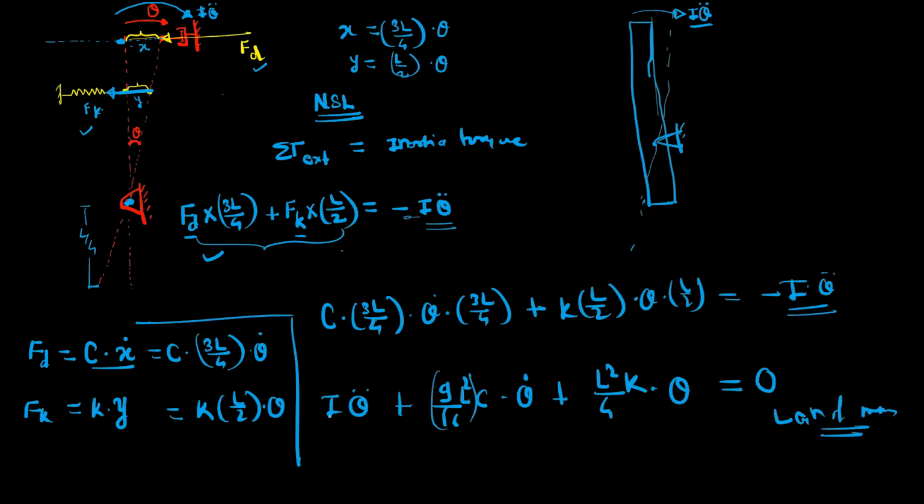Now here, the I value is the mass moment of inertia about the point of rotation. So we should find the moment of inertia about this point. If you consider this rod, it is pivoted at this point, not at the center of gravity.